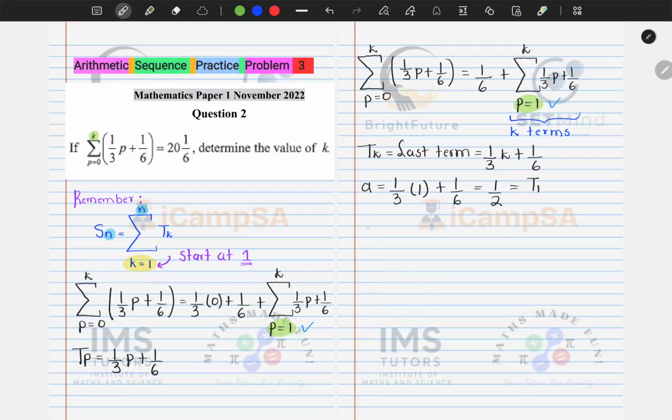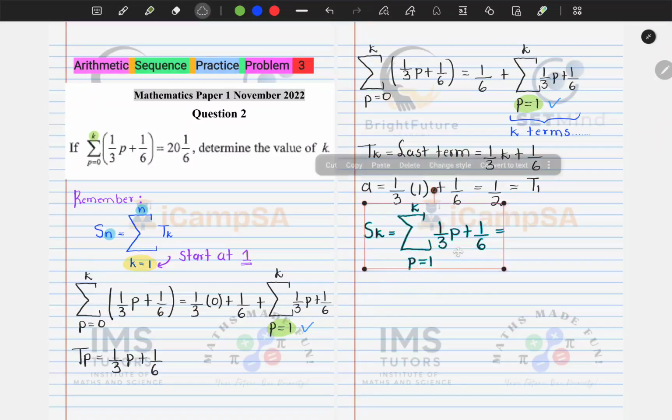So this means that our sum of k terms will just be, if we look at that summation here, if we look at this portion only, where we have p equals 1, and then we have k of that 1 over 3p plus 1 over 6. This will just be the same as the equation which we are going to use, the one where we are using the first and the last term.